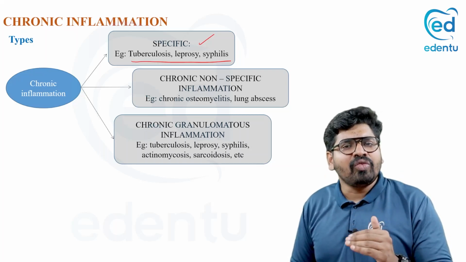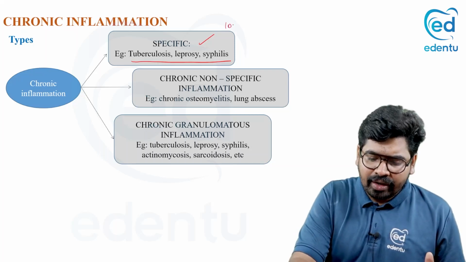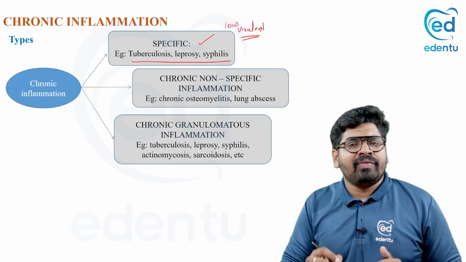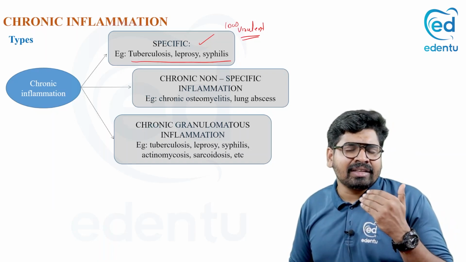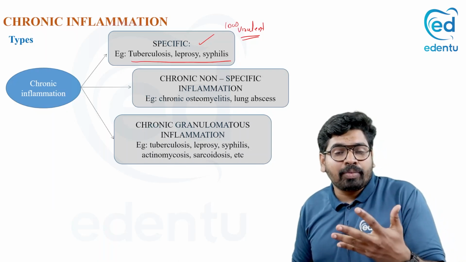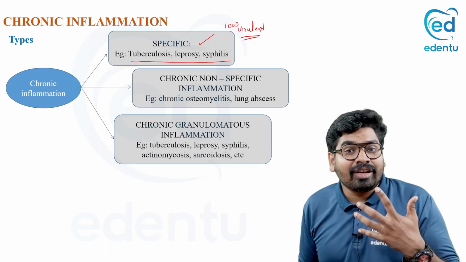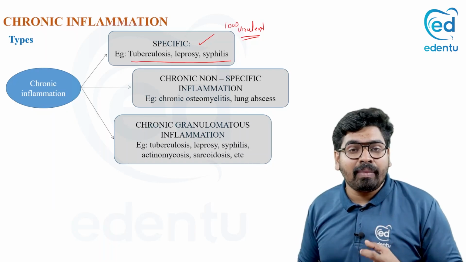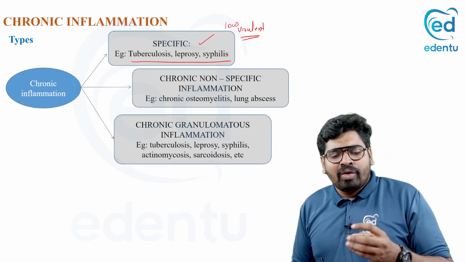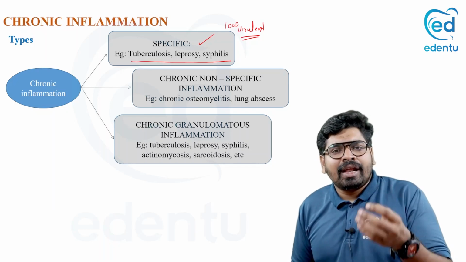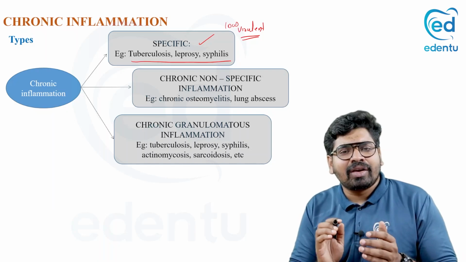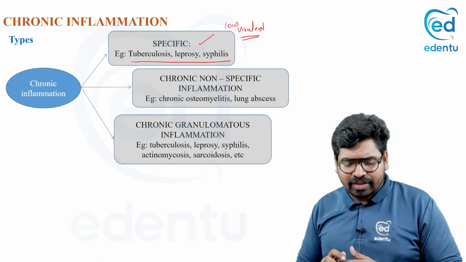They are low virulent organisms, meaning they are not serious enough to make an acute inflammation in the body. Not like streptococcus, staphylococcus or clostridium bacteria, which can make acute inflammation. Mycobacterium and Mycobacterium leprae bacilli are chronic bacteria, so they make chronic granulomatous inflammation.